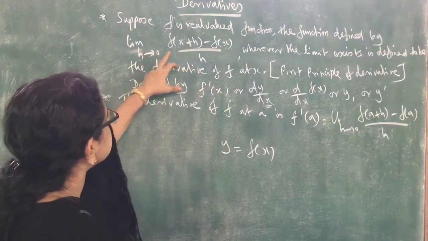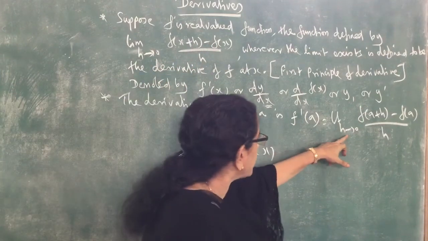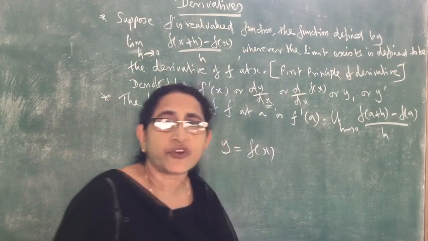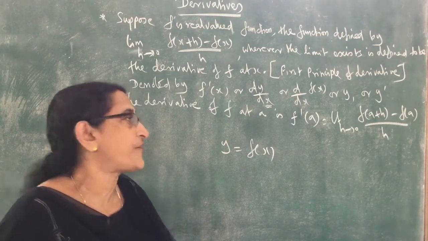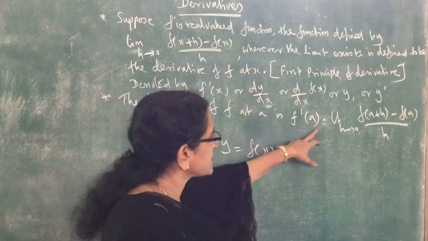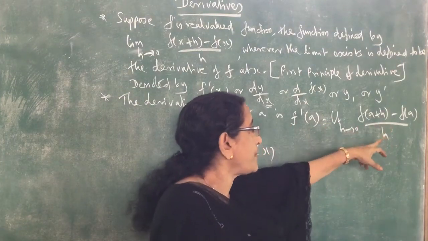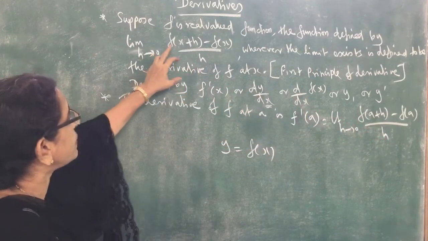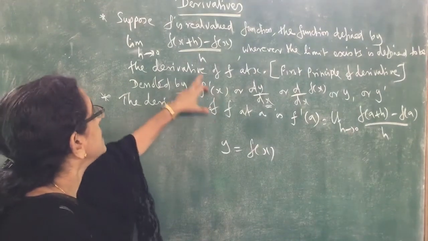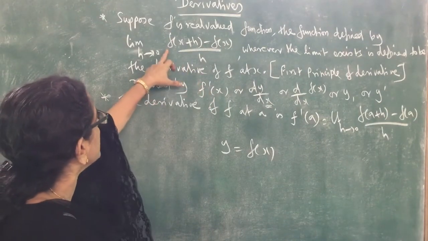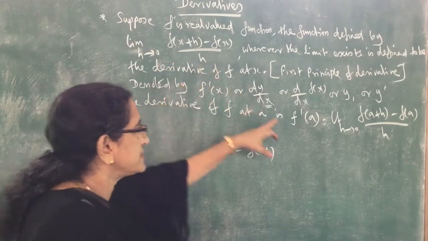This limit is defined as f dash x, and this limit is defined as f dash a, where a belongs to the domain of the function f of x. So this is the derivative of the function f of x at any point x: f dash x equal to limit h tends to 0 of f of x plus h minus f of x by h. And this is f dash a.